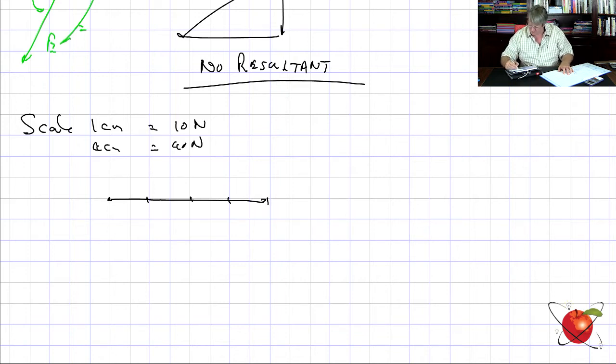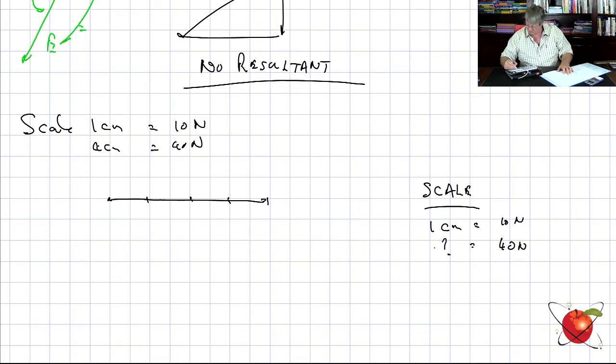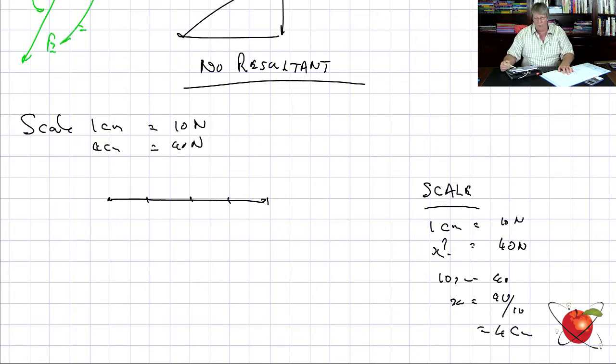Or how would I work it out? You take your scale and you say 1 centimeter equals 10 newtons. And we know it's going to be 40 newtons. How much is that going to be? So we say x. So 10x is equal to 40. X is equal to 40 over 10, which is 4. You can always, when you've got the scales, use the cross multiply to work it out. So that is going to be 4 centimeters.